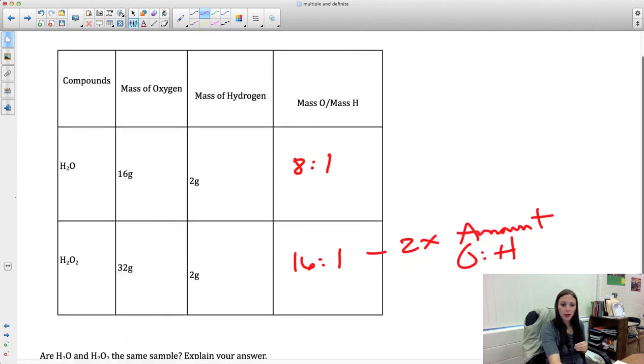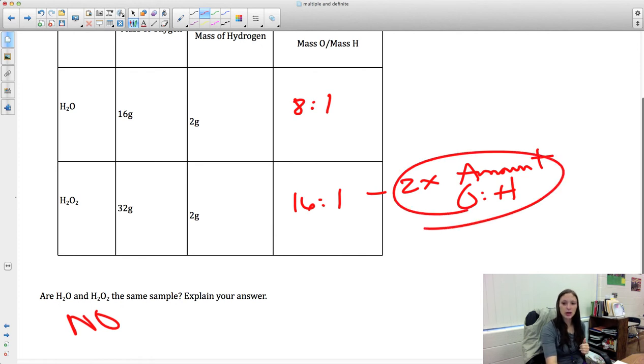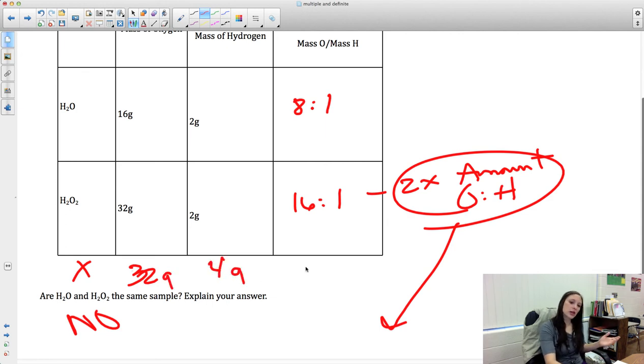Then the question below asks, are H2O and H2O2 the same sample? No. One has twice as much oxygen to hydrogen as the other. In order to be the same thing, they would have had to have the same mass of O to mass of H ratio. So if I had another compound down here, say compound X, and I didn't know what it was, and they told me it was 32 grams to 4 grams, well, 32 divided by 4 is 8, it's 8 to 1.